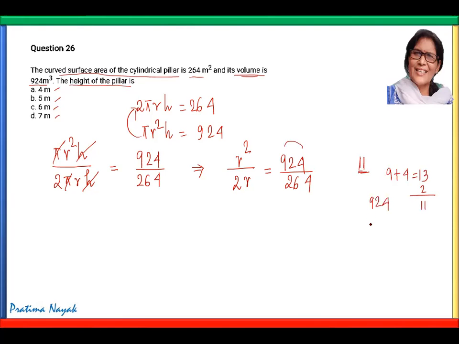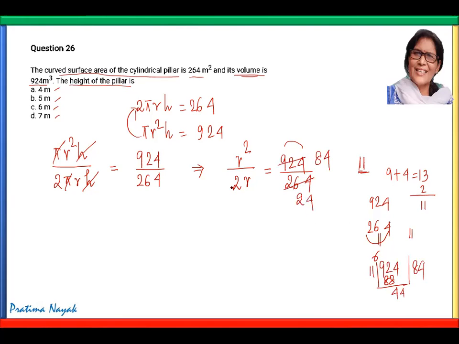In the same way, 264, if we add 2 and 4, it gives the same number as the middle one, so it is also divisible by 11. So I am cancelling with 11. 924 divided by 11 gives you 84. Next I'll go for 264, which is easy: 11 2 times, 11 4 times, so 24.